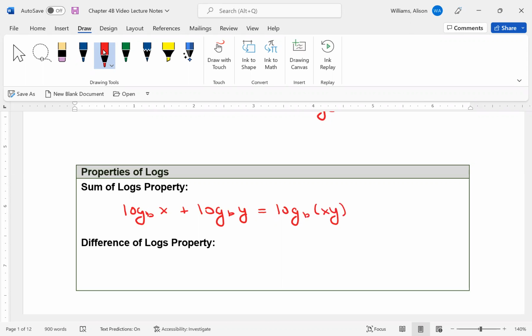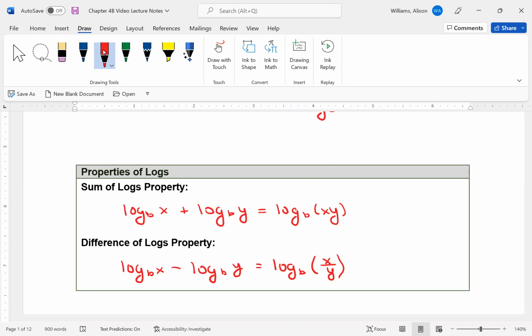So an addition of logs really becomes a multiplication inside a single log. And then the difference property, you might guess, if you're subtracting the two, most people would know that if adding them is multiplying, subtracting them usually means division. So those are the two properties we're going to see in this section.